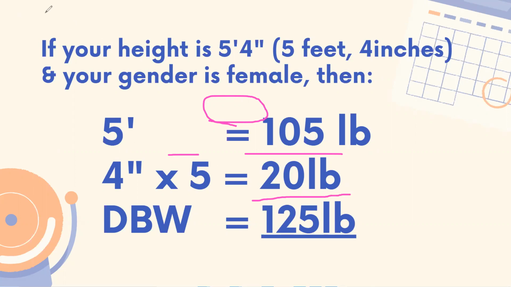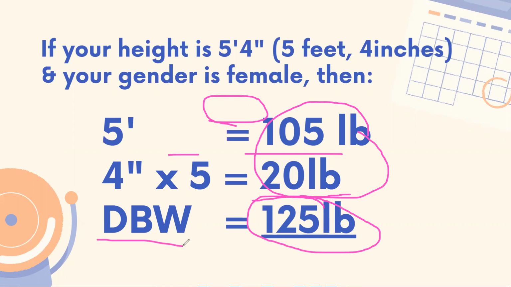To get the desirable body weight, just add this up. So 5 plus 0 is 5, 0 plus 2 is 2, and bring down 1. So we have here 125 pounds. So that's how easy this method is.